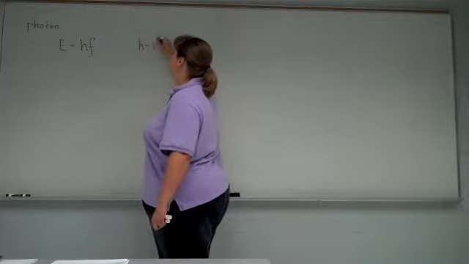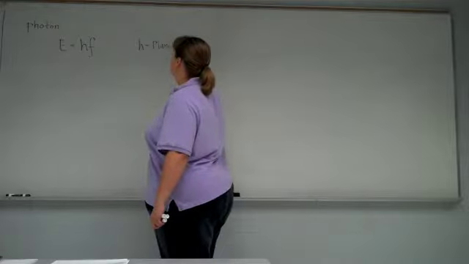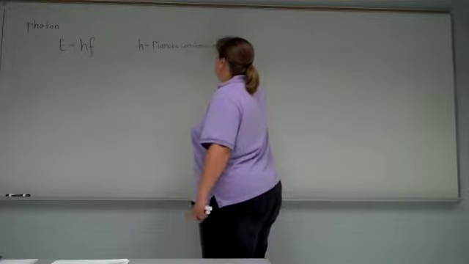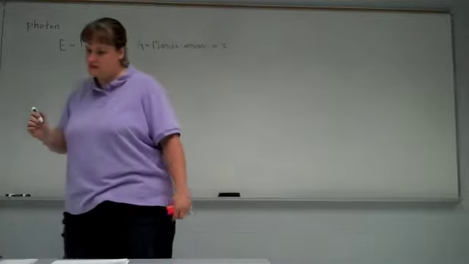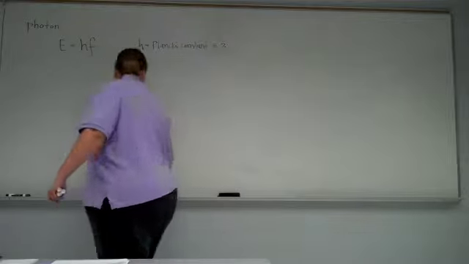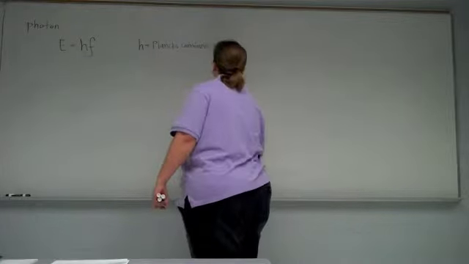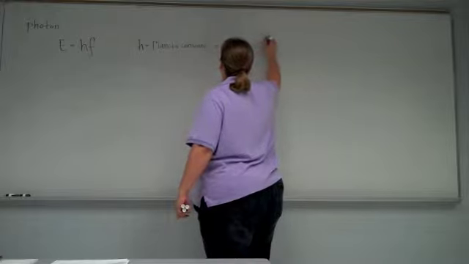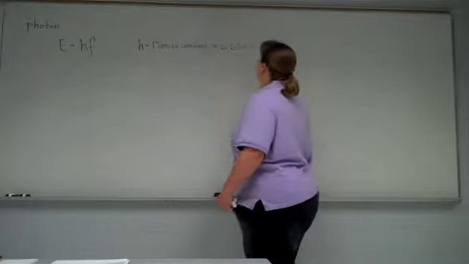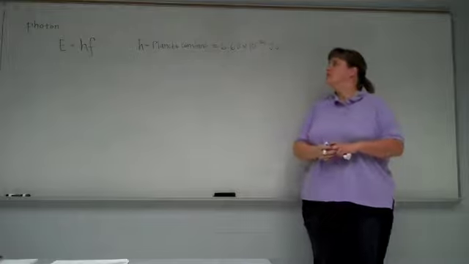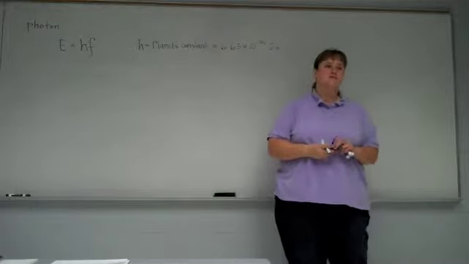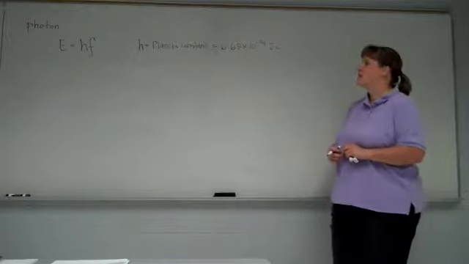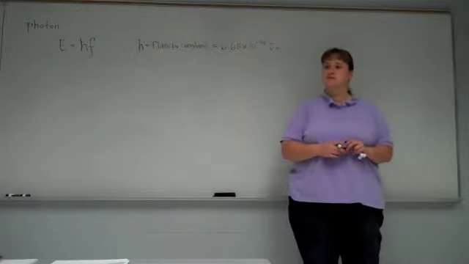It's called Planck's constant. Planck's constant is very, very small, 6.63 times 10 to the negative 34. The units on Planck's constant are joules times seconds.